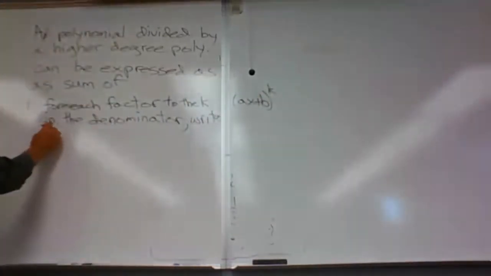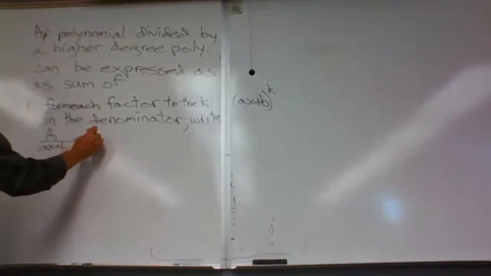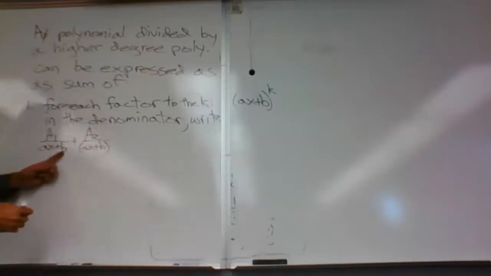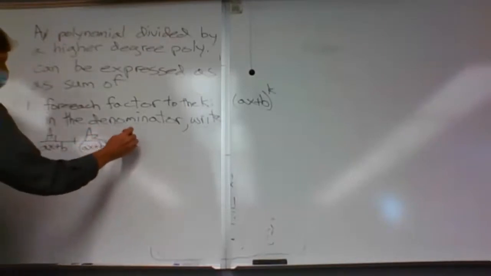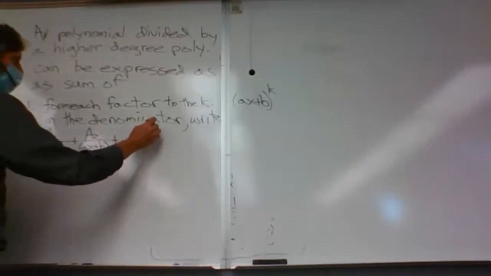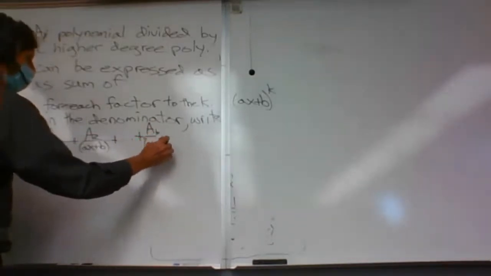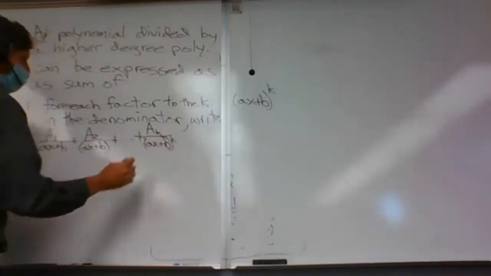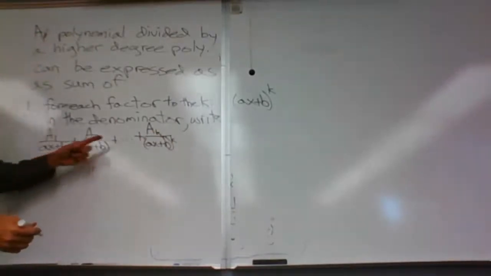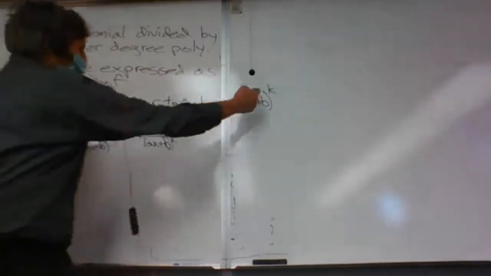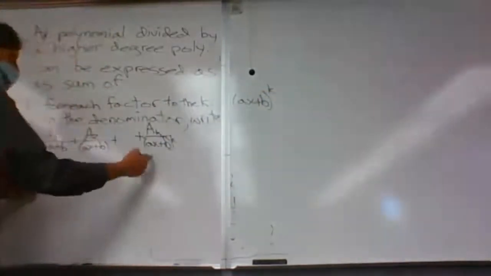You write a constant over ax plus b plus a constant over ax plus b, where ax plus b is factored out of the denominator. You know that one, but these constants on top you're trying to figure out. Plus ak over ax plus b to the k. And the partial fractions theorem says that for each factor here, you have to write one of these things. If it's a factor of multiplicity k, you have k terms.